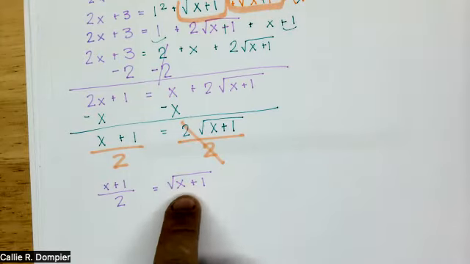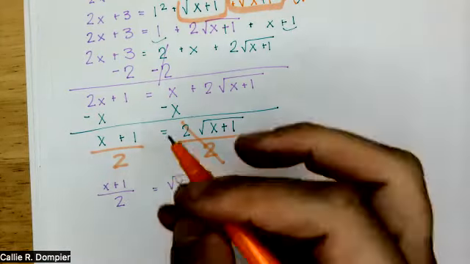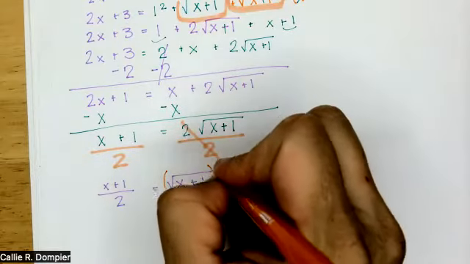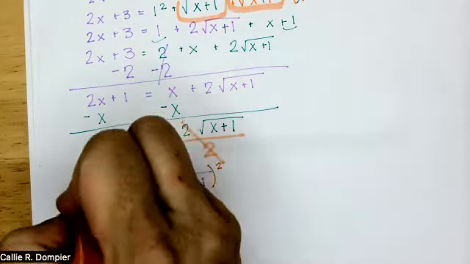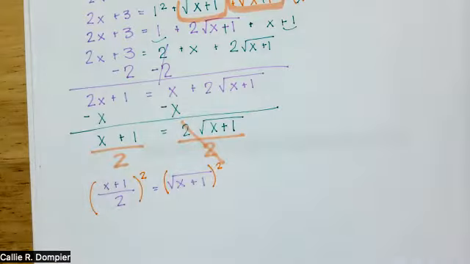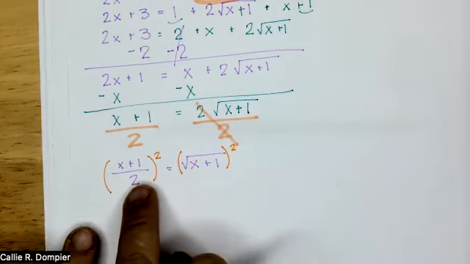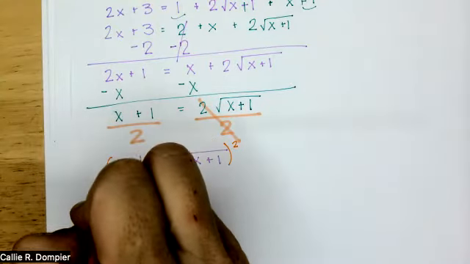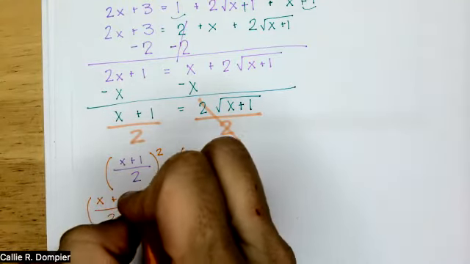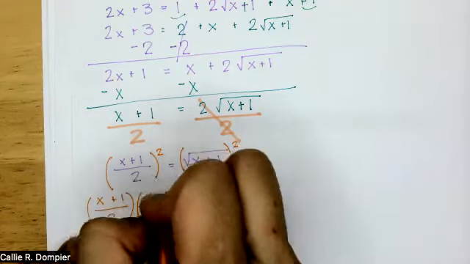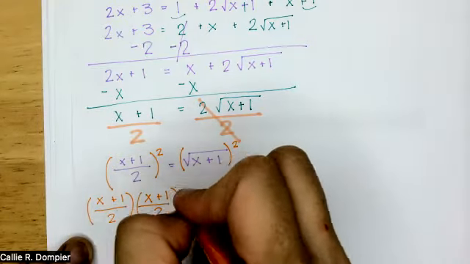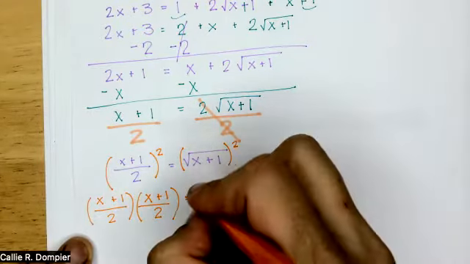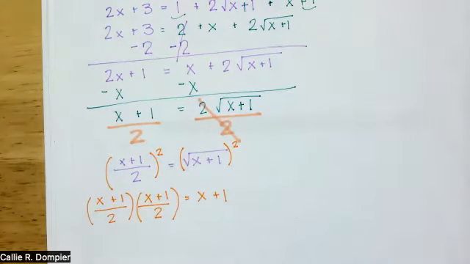Now that is isolated. So what do I need to do? I need to do the inverse. The inverse of the square root is to square it. And we're going to square this side. If I square this side, that means I'm taking that entire quantity and multiplying it by itself. Here, it just cancels it. So all I have is x plus 1. Good.